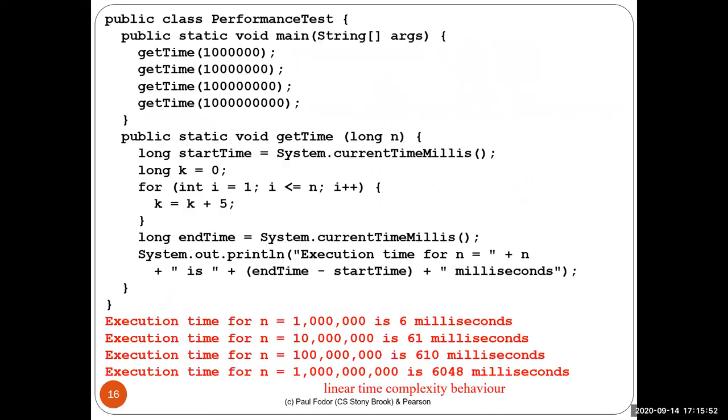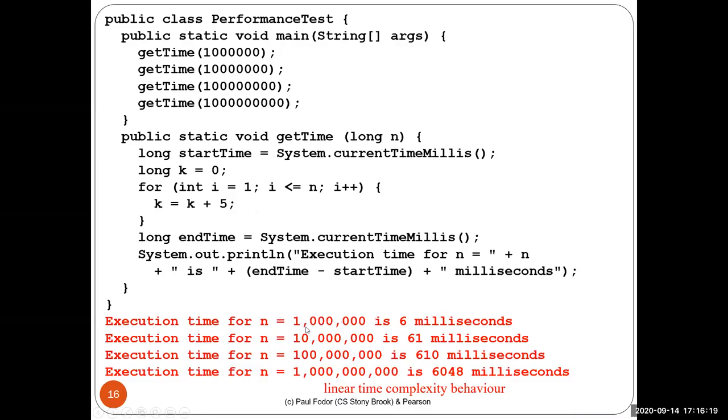And if you're looking at a simple algorithm that does exactly that, we are basically assigning the current time in milliseconds to a variable start time, and then we have our algorithm that iterates n times and increments k with 5. And we vary n from 1 million to 1 billion, we will see that it is linear.